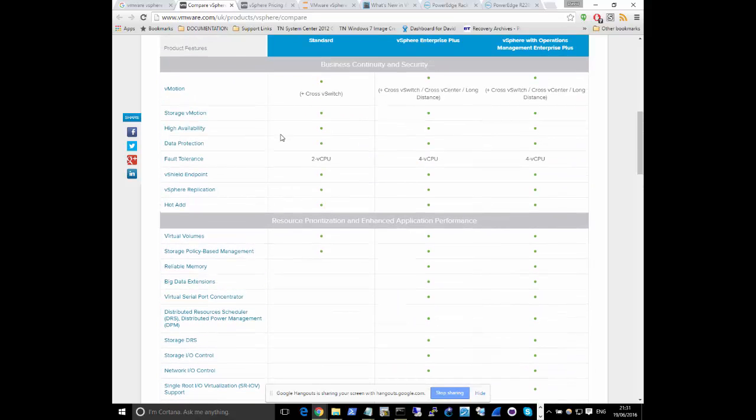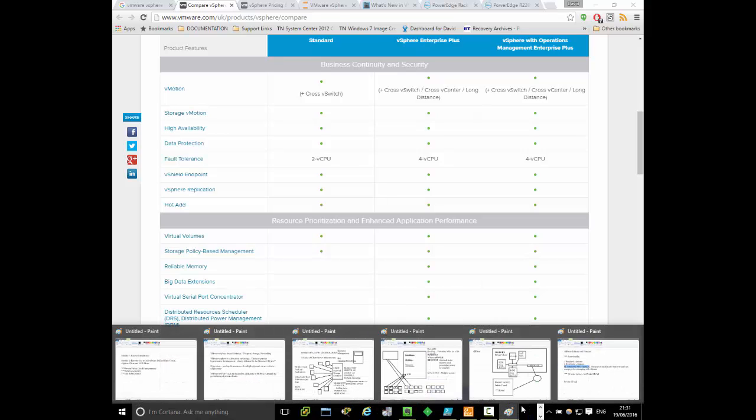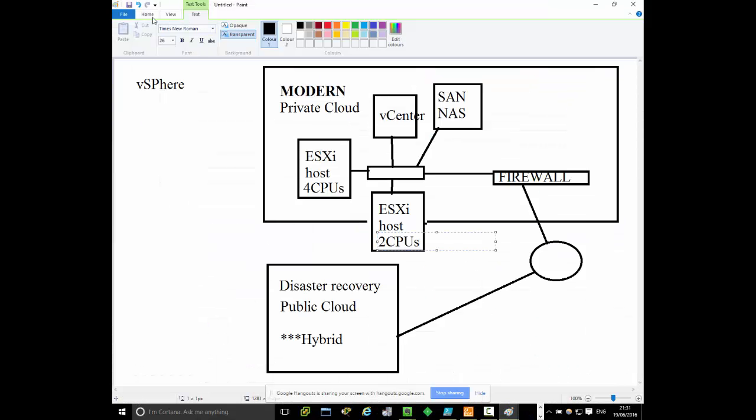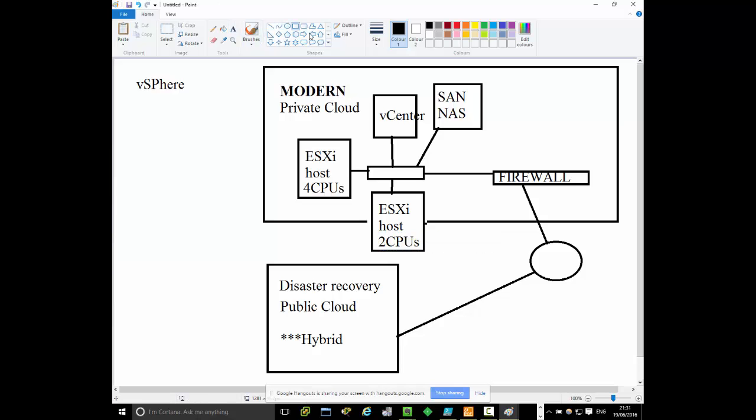Let's suppose my space is going full on data store 1, so I will move my VMs from data store 1 to data store 2 or 3. We get this kind of advantage from the remote storage, sir. I don't know much about the theory, but I know how to do it.